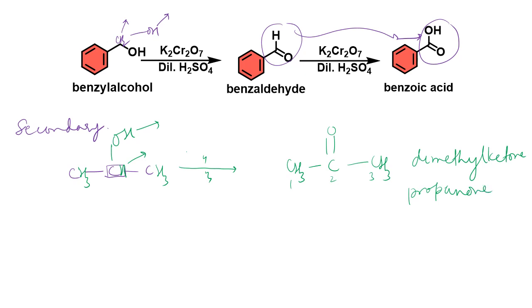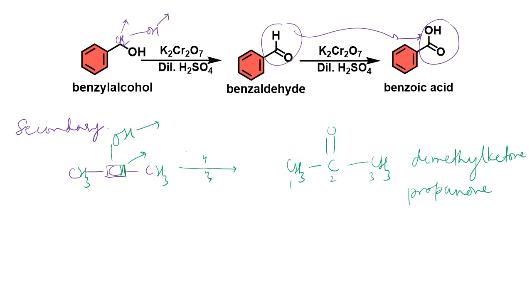So secondary alcohols are giving us ketones on oxidation, and primary alcohols are giving us acids on oxidation with the help of potassium dichromate. We will see one or two more examples, so let us try to solve one example now.